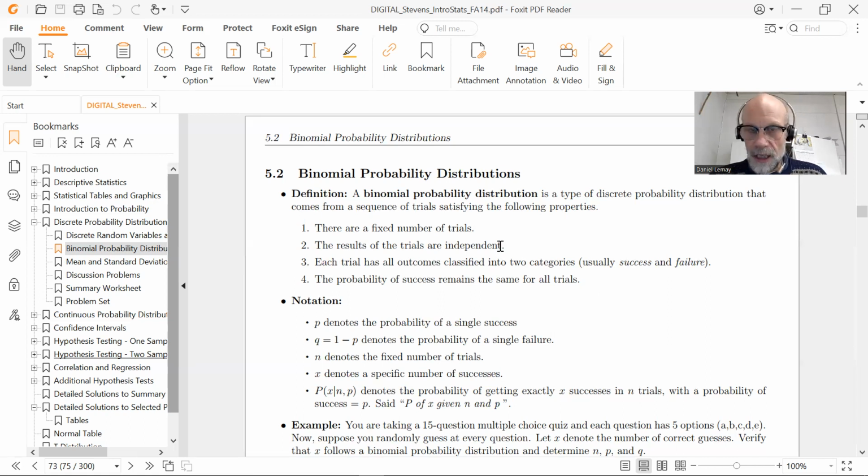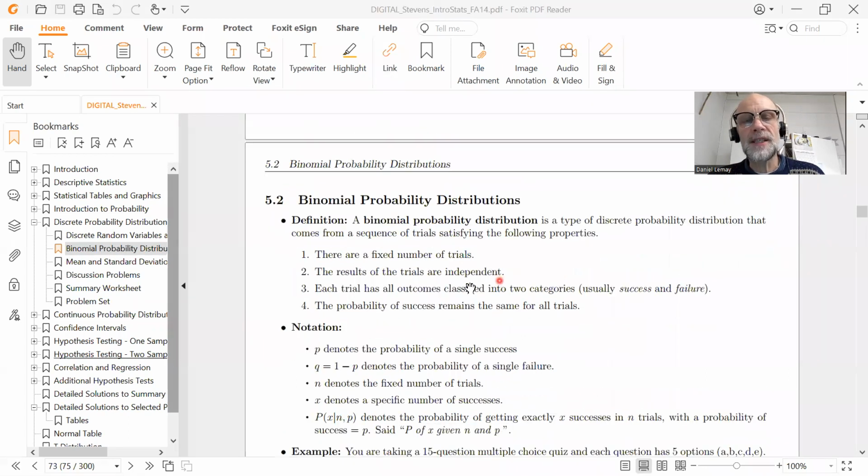When you're dealing with the binomial probability distribution, you want to ask yourself 4 things, right at the top of page 71. Is there a fixed number of trials, and is each trial independent? In other words, does some event happening affect the event happening in the future?